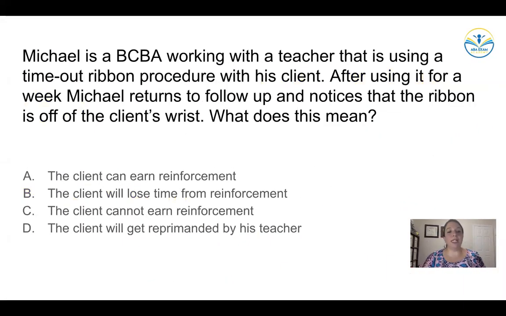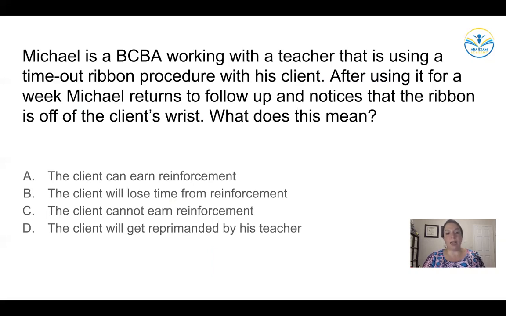All right, Michael is a BCBA working with a teacher that is using a timeout ribbon procedure with his client. After using it for a week, Michael returns to follow up and notices that the ribbon is off the client's wrist. What does this mean? A, the client can earn reinforcement. B, the client will lose time from reinforcement. C, the client cannot earn reinforcement.